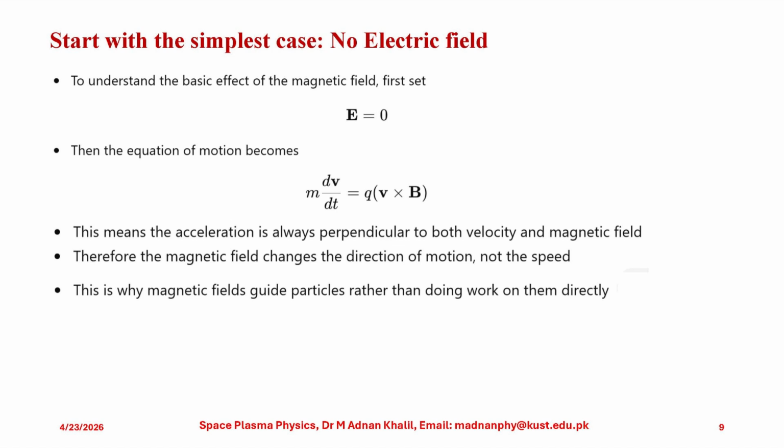It can only bend the direction of motion. So a magnetic field does not directly increase or decrease the kinetic energy of a particle in this static case. Instead, it guides the motion by curving the trajectory. This is why magnetic fields are often described as controlling the geometry of the particle path, rather than acting like ordinary accelerating forces.